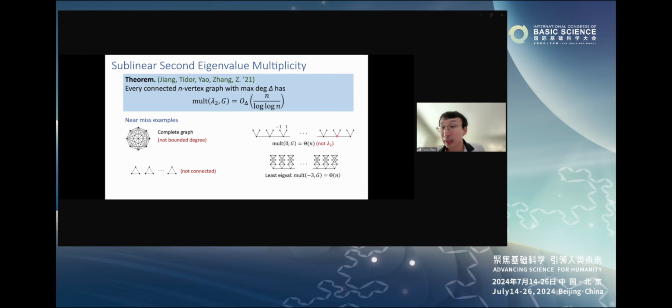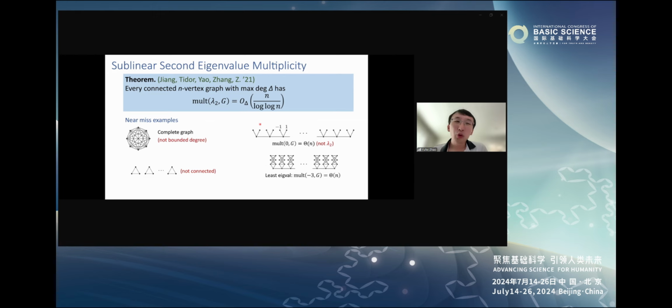But it is not the second largest eigenvalue. It's very far from the second largest. In fact, it's one of the middle, the center eigenvalues. In fact, I can modify this example somewhat to get the smallest eigenvalue, the least eigenvalue, to repeat linearly many times. So this is an example where the least eigenvalue repeats a linear number of times.